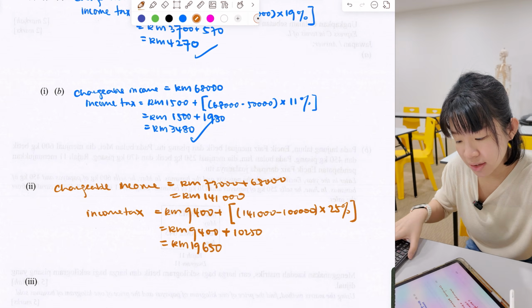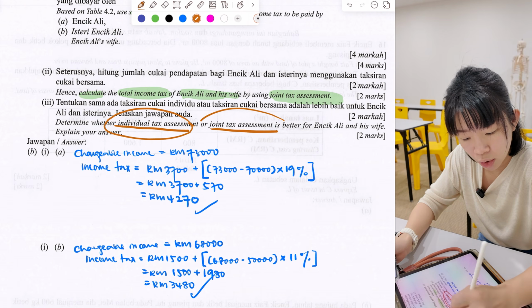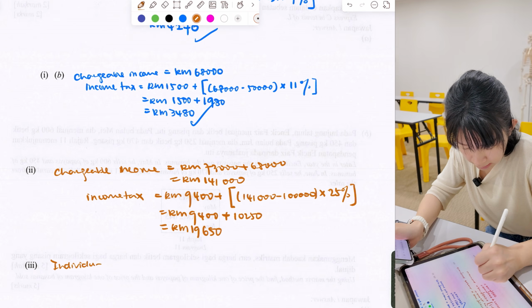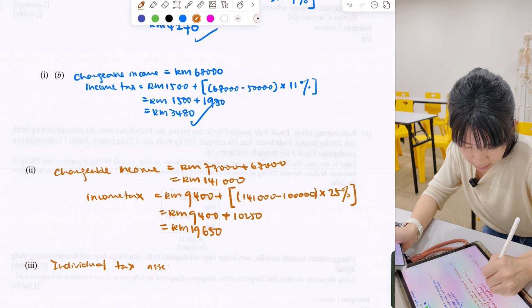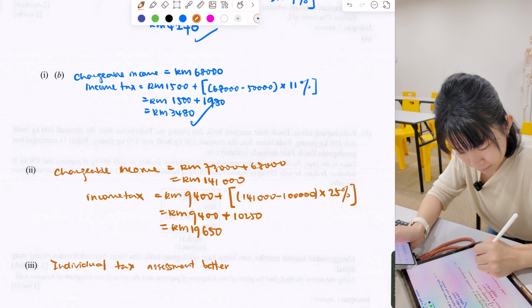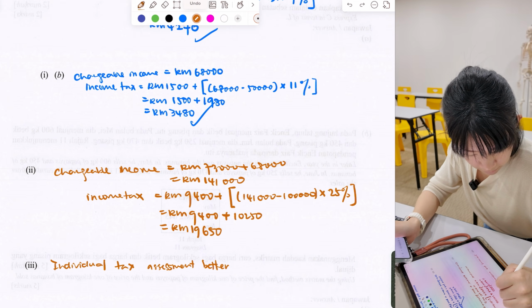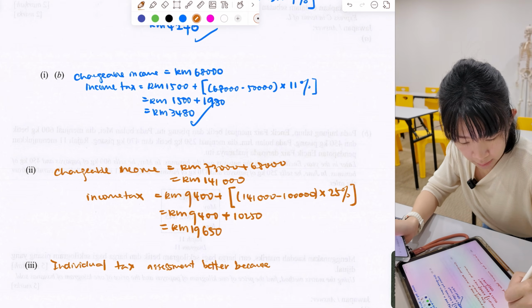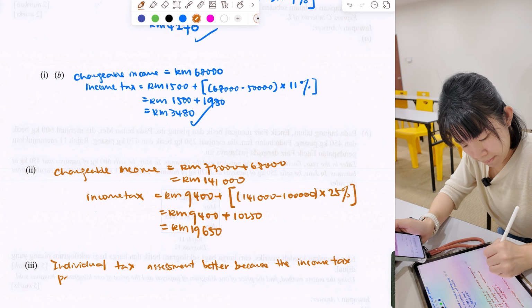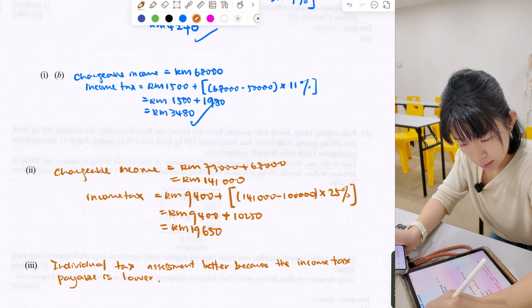So now they ask us to justify the answer. They ask to determine which one is better, individual tax assessment or joint. So the answer is individual tax assessment is better because the income tax payable is lower.